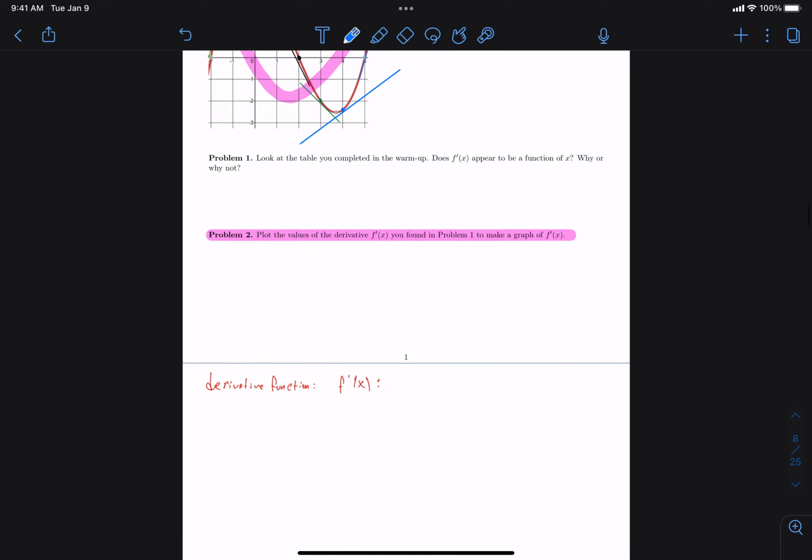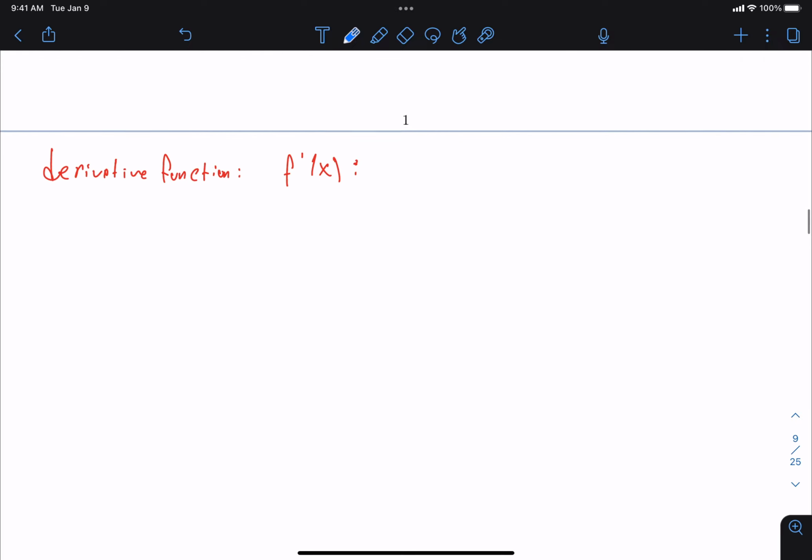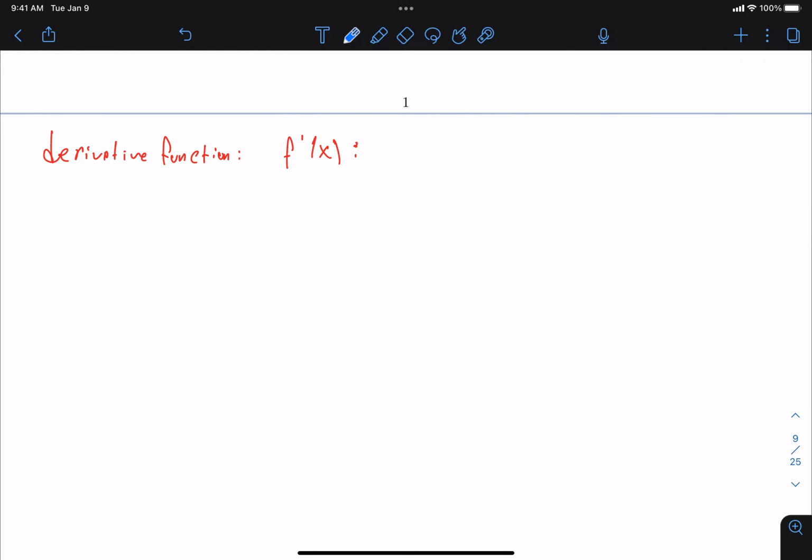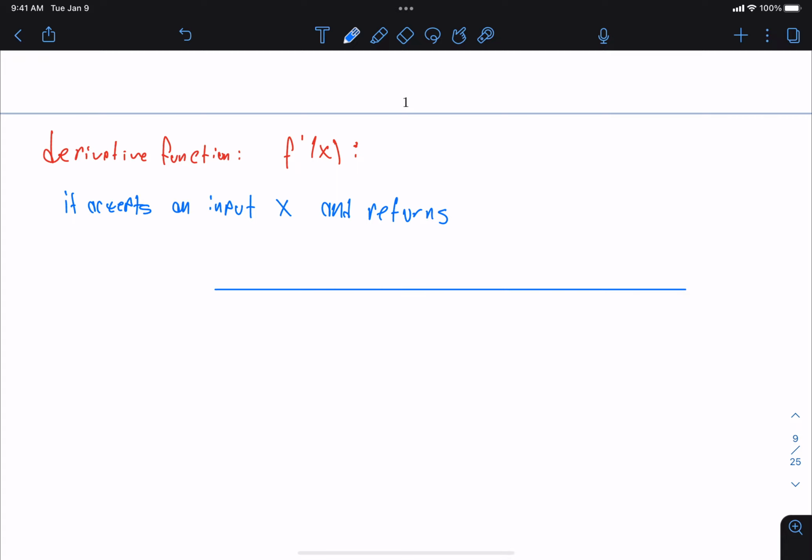Okay, then I'm going to give you a quick definition of the derivative function, what it is. It accepts, like any other function, an input, x, and returns an output. It's going to take an input and it's going to give you an output. And what that output is, is what I want to now describe. The output is the slope of the parent function, f of x.